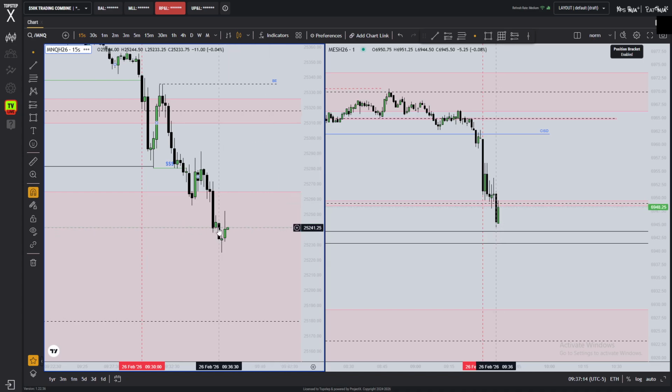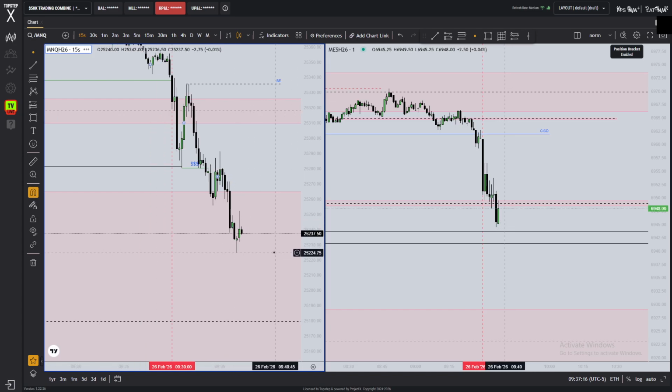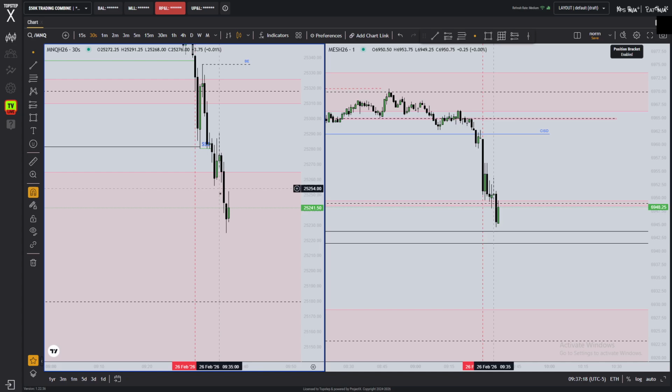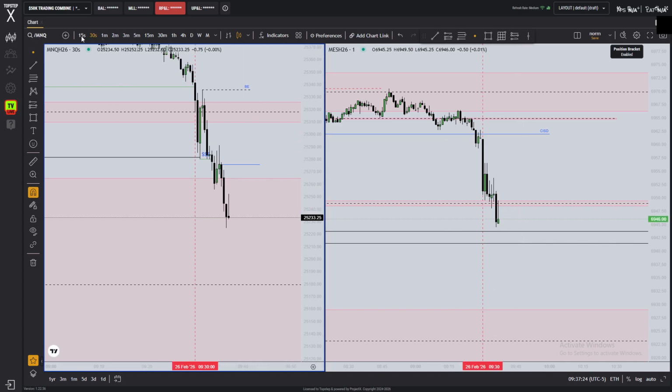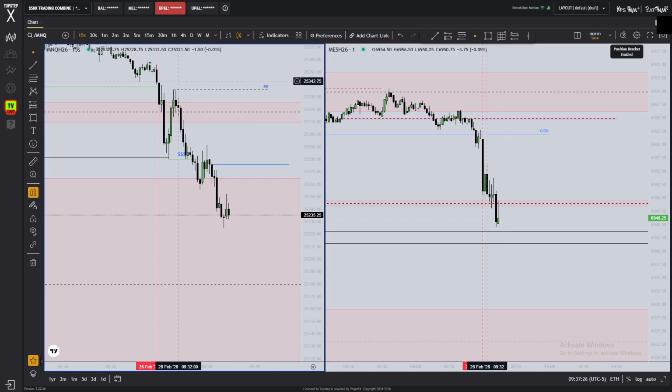Want to continue to go lower, this gap will hold, as well as this 30-second. So change will be up here if we want to run higher.